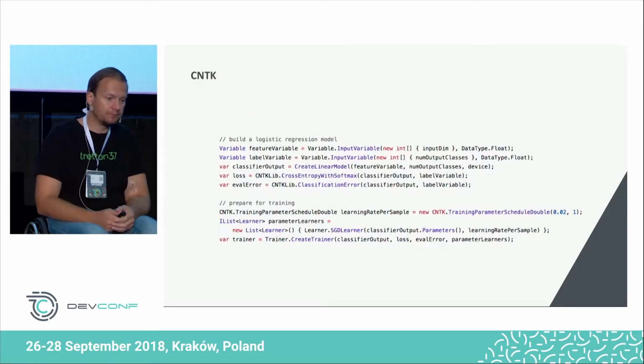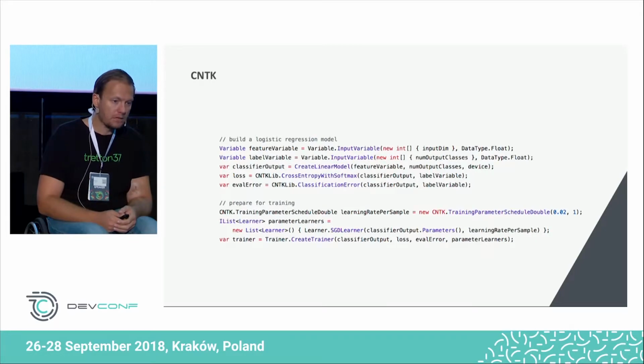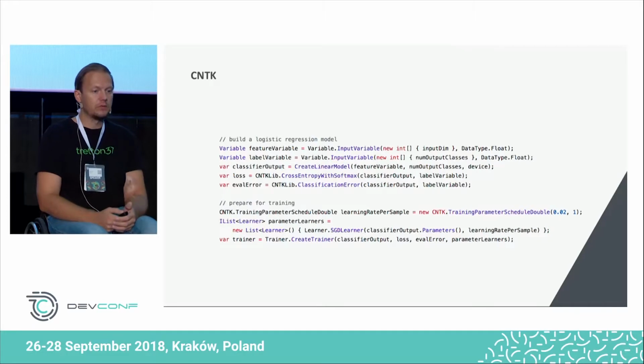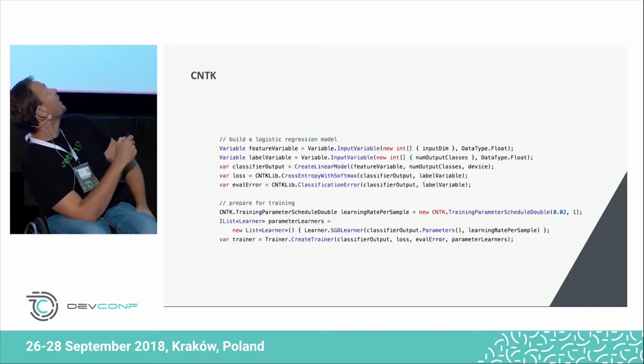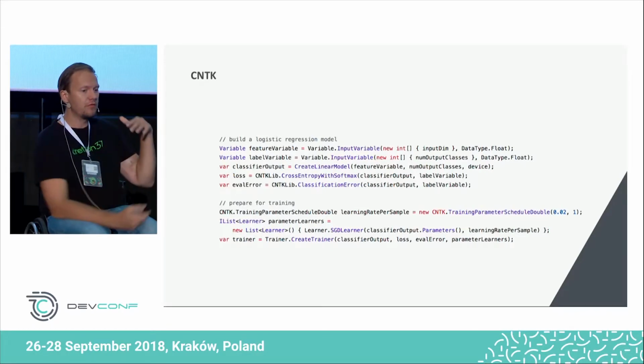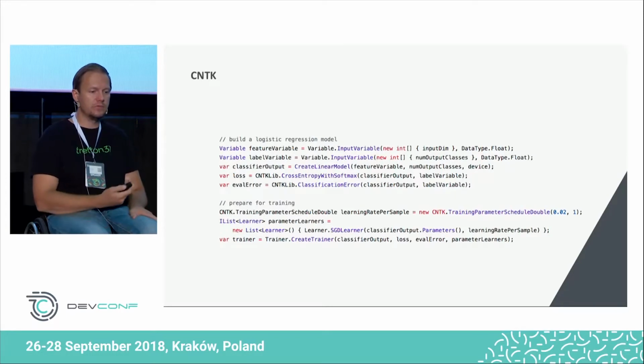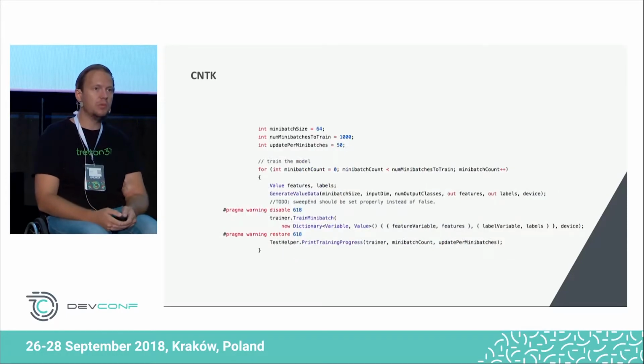So that's learning done in CNTK. You kind of layer things and add them to the next function and so on. You build a computational graph and then you run it in mini batch sizes.